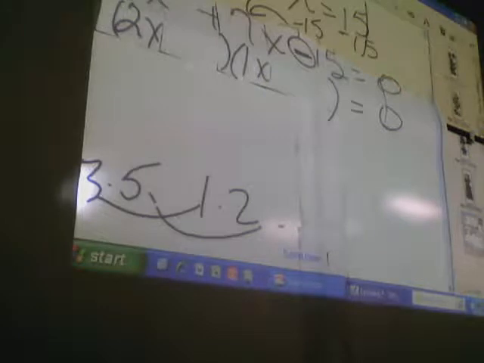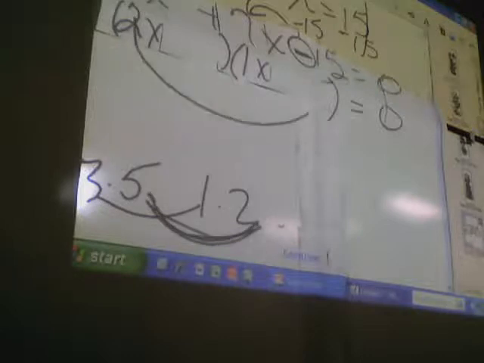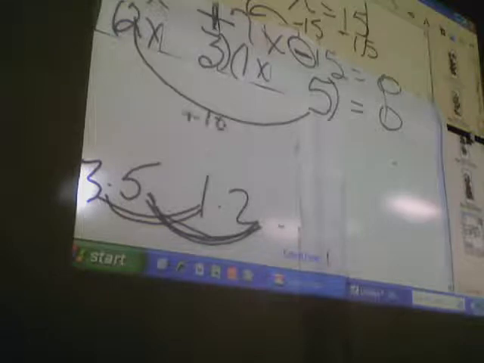Now we have the 2 needs to be multiplied by the 5. And the 3 times the 1. We need it to be positive 7, so the 10 needs to be positive, right? The 3 negative. So negative 3 and positive 5.